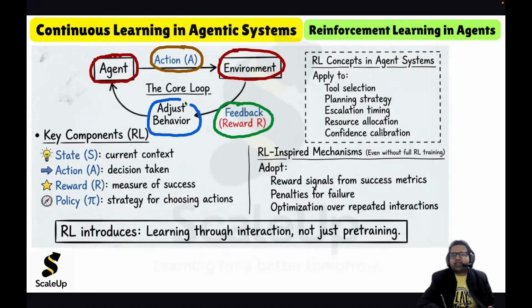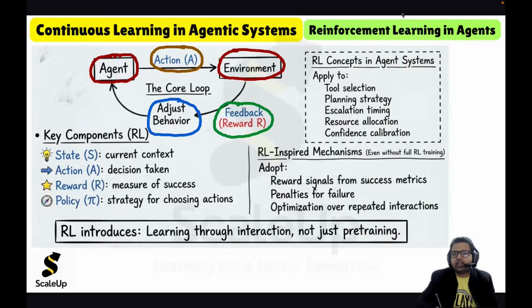Then once again the agent will perform an action with adjusted behavior. The environment will get affected, the agent will receive feedback, and it will once again adjust its behavior, and it will keep on doing it until it receives very good feedback from the environment, or until the goal is achieved. This loop is what reinforcement learning is.